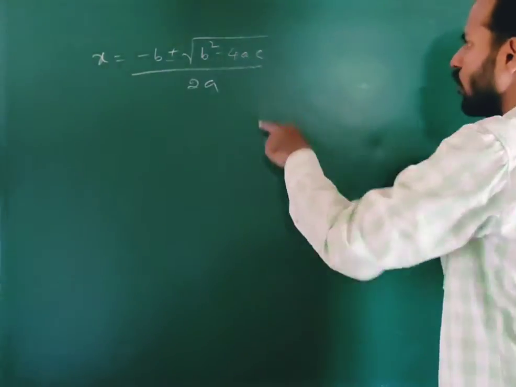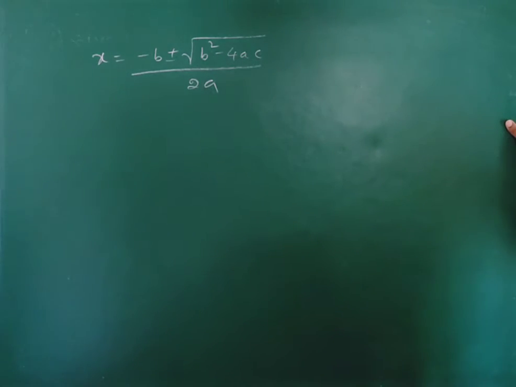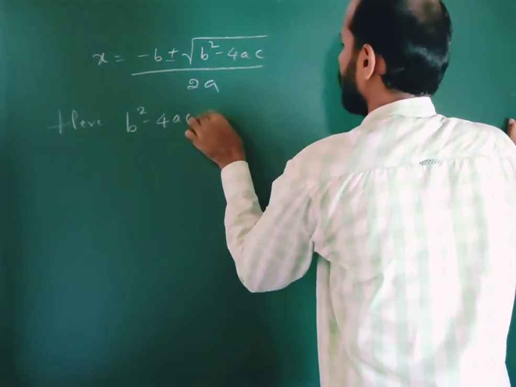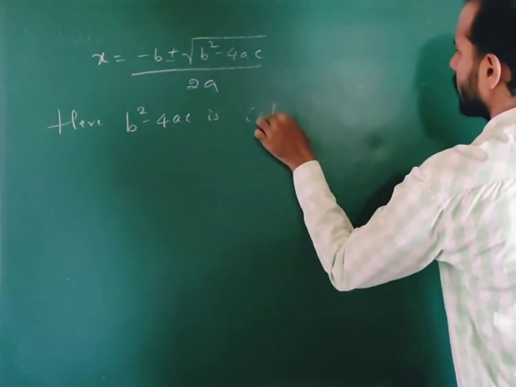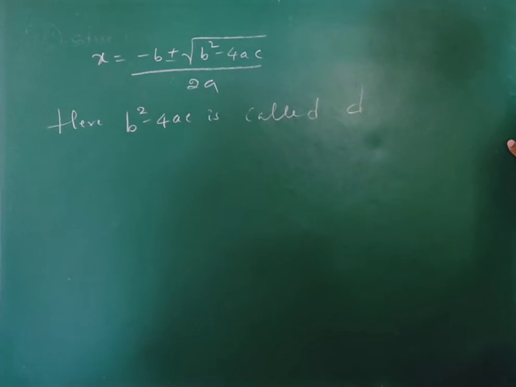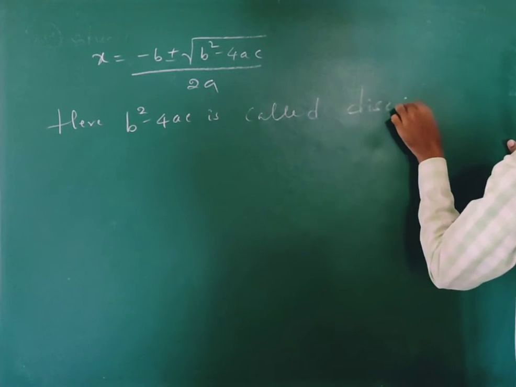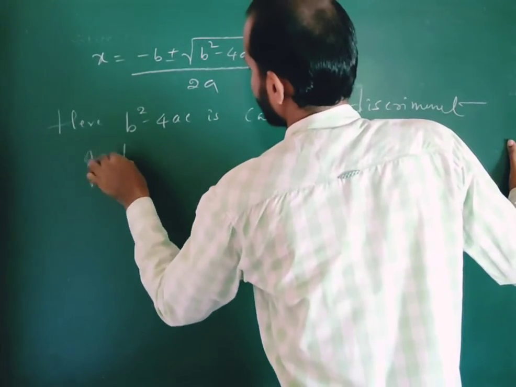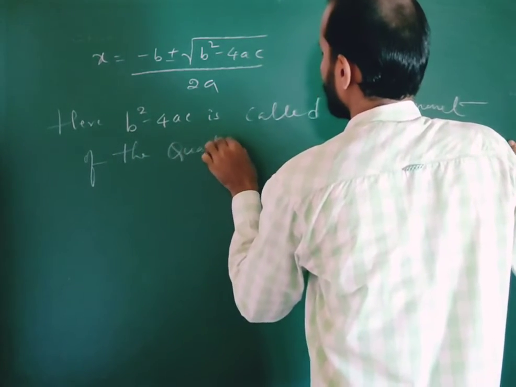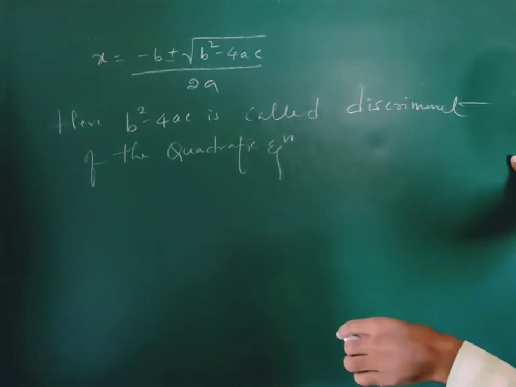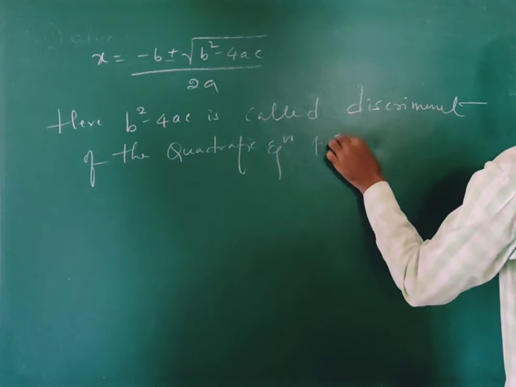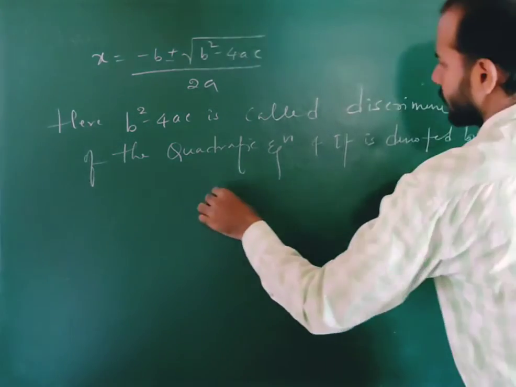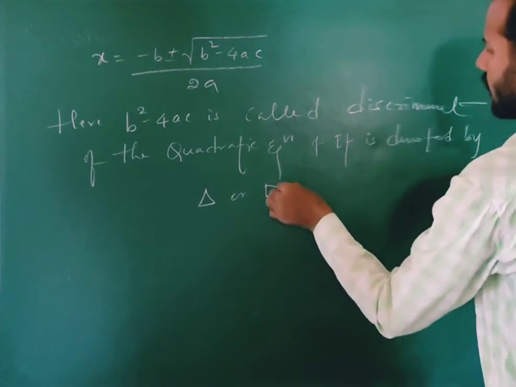Here b square minus 4ac is called the discriminant of the quadratic equation. It is denoted by delta or D.